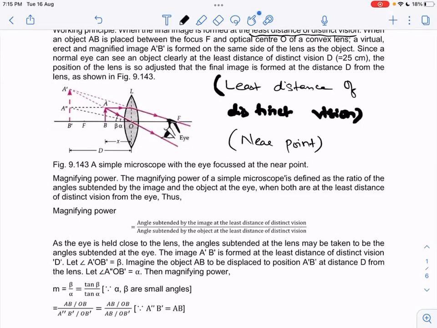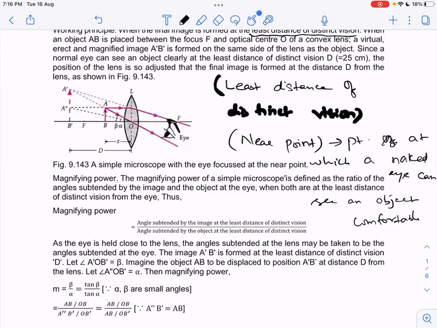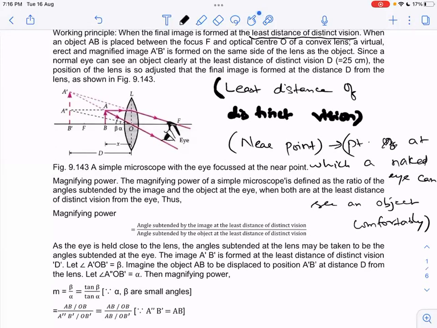Near point is the point at which a naked eye can see an object comfortably. Since a normal eye can see an object clearly at the least distance of distinct vision, for normal eyesight, D is equal to 25 centimeter. You would have learned about this near point in your 10th grade, right?